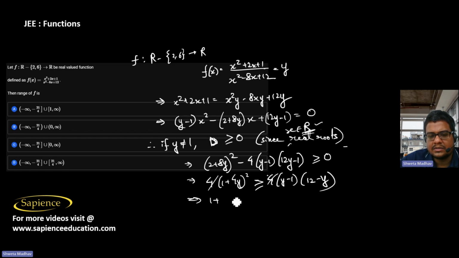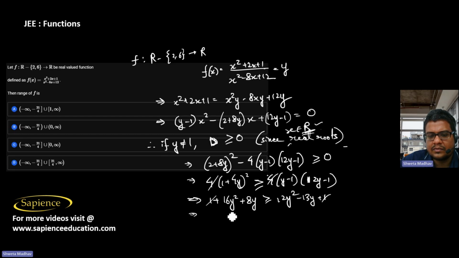Then it will come 1 plus 16y square plus 8y, that is greater than or equal to, this will be 12y square minus y minus 12y, so minus 13y plus 1. So 1 and 1 I can cancel.